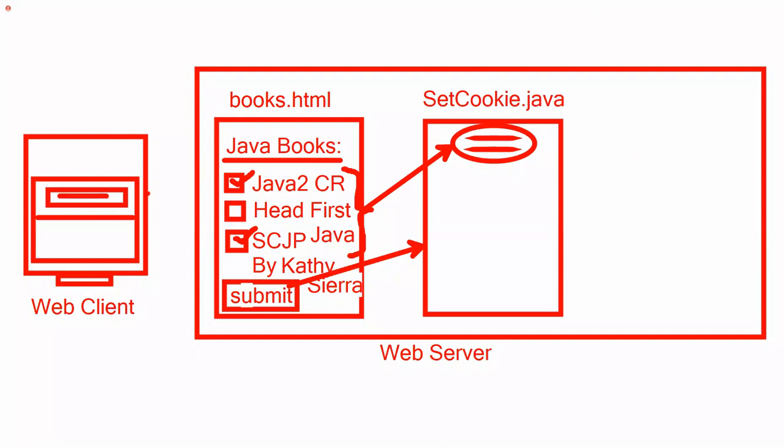From the client system, you will send the request to this books.html. Then the books.html page comes to the client. That request is called HTTP request, and this is the HTTP response.